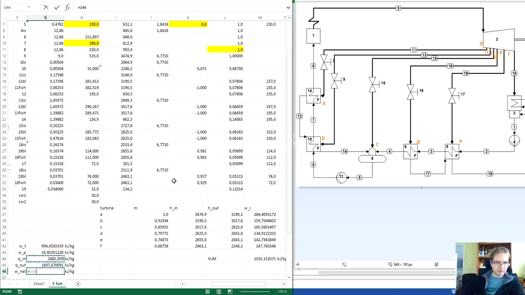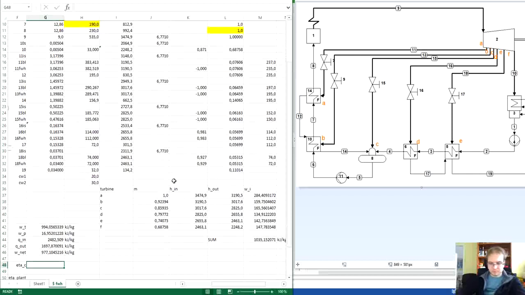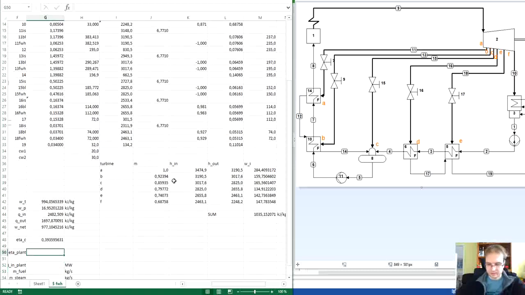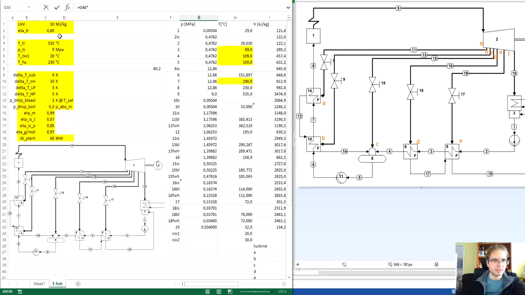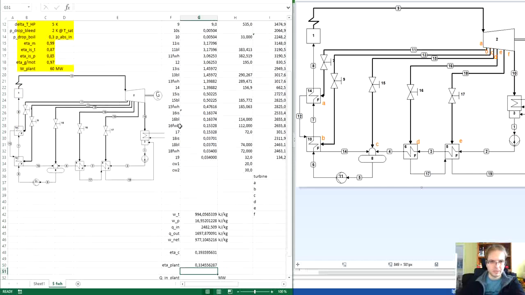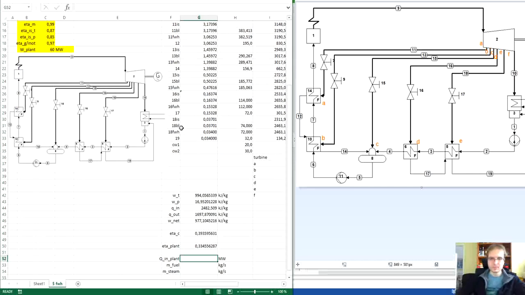And net power output is the turbine minus pump. Now we can get to efficiency of the cycle, which is net power output divided by heat input. Efficiency of the plant, which is efficiency of the cycle multiplied by efficiency of the boiler. Heat input to our plant is net power output divided by efficiency of our plant.